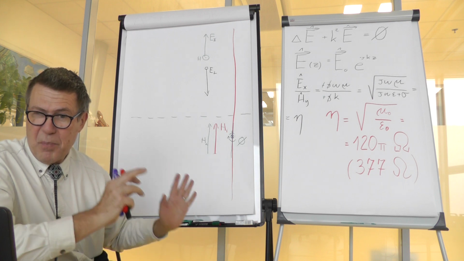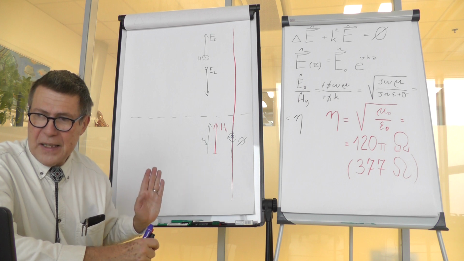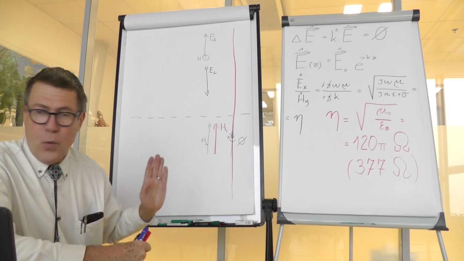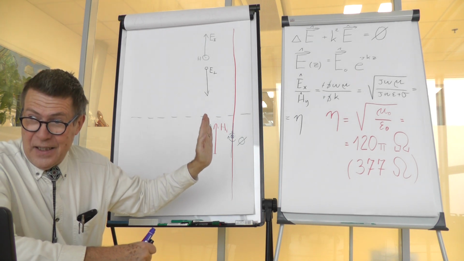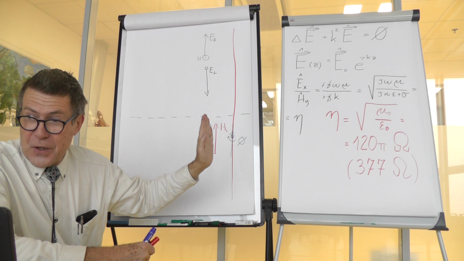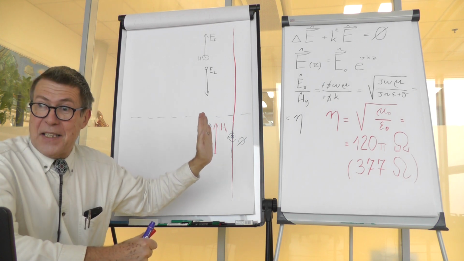So they have been placed there. But suddenly, there came an electromagnetic wave with electric field strength forcing those electrons at the surface to move. And they started to move.